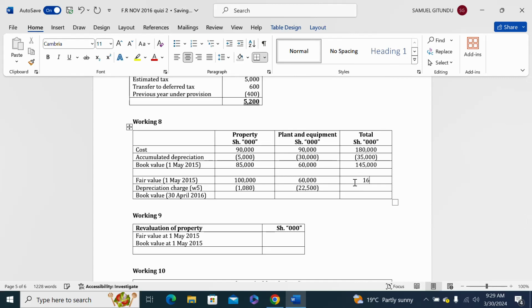So the total is 160 million, and the depreciation total is 23 million 580.